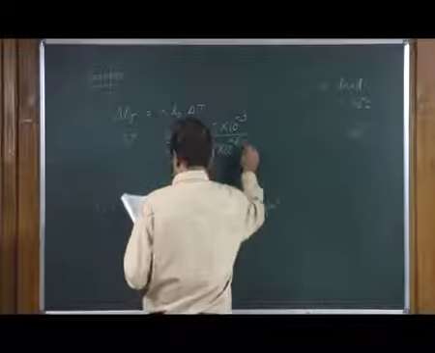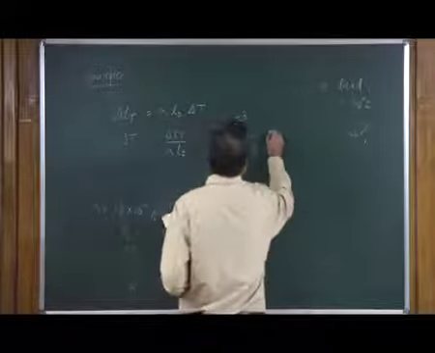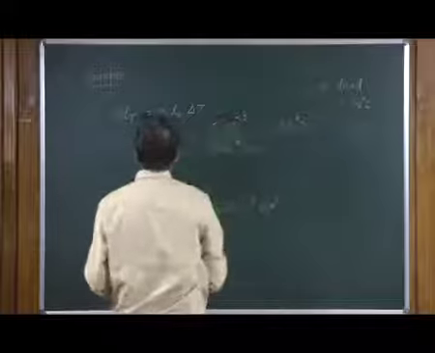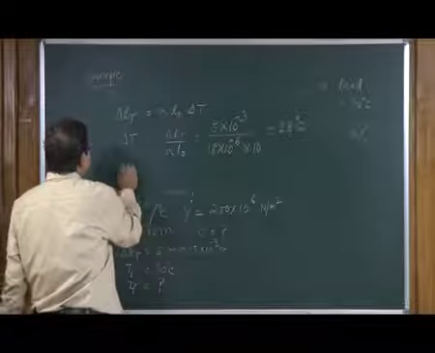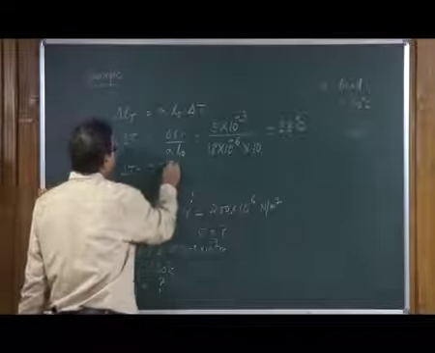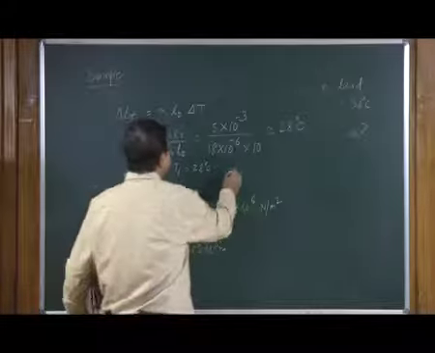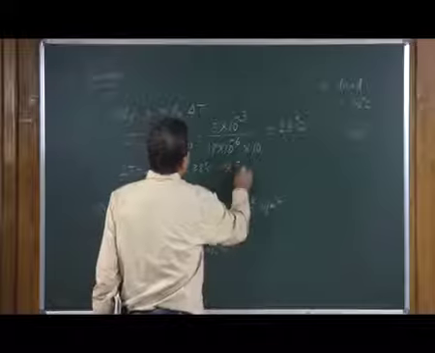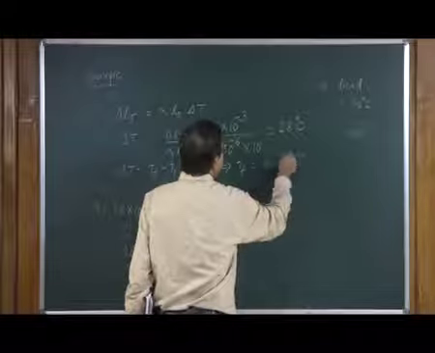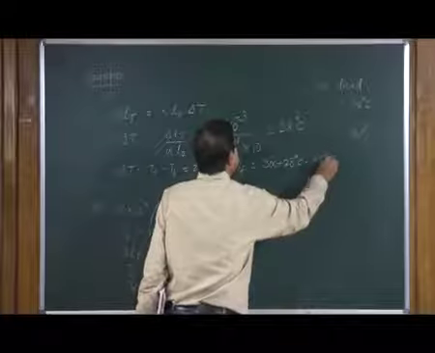multiplied by 10 meters, and this comes out approximately as 28 degrees centigrade, which means that the delta T, which is equal to T f minus T i, is equal to 28 degrees centigrade, and which means that T f is equal to 30 degrees, which is the initial temperature, plus 28 degrees, which becomes equal to 58 degrees centigrade.